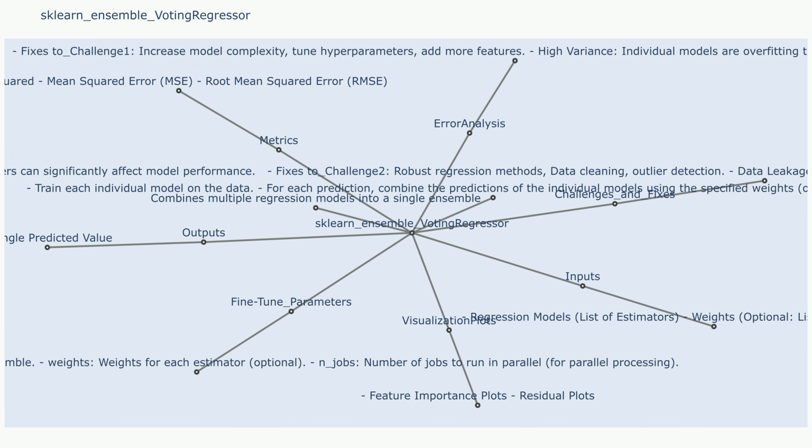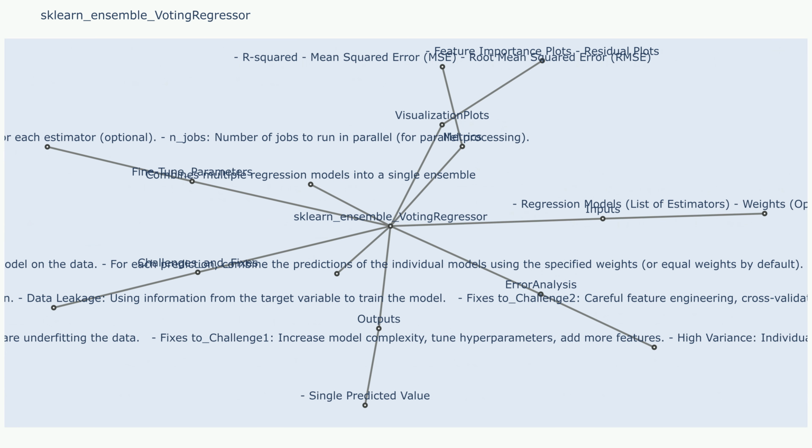Inputs. Estimators: this is a list of trained regression models that the voting regressor will combine. Each model should be an instance of a regression estimator like linear regression, random forest regressor, or gradient boosting regressor. Weights, optional: this parameter allows you to specify weights for each individual estimator. By default, all estimators are weighted equally.